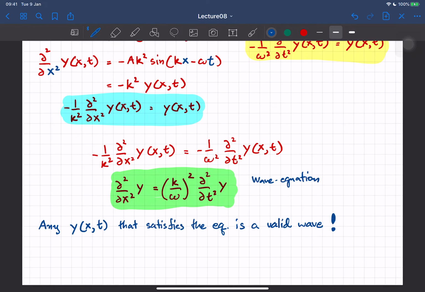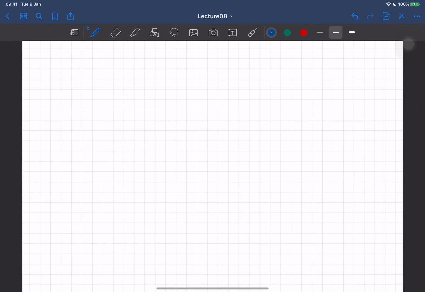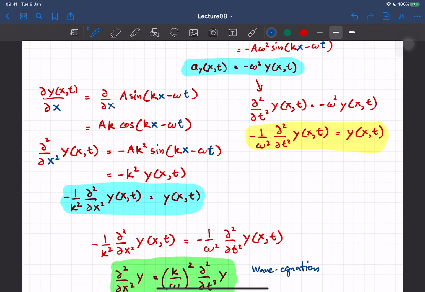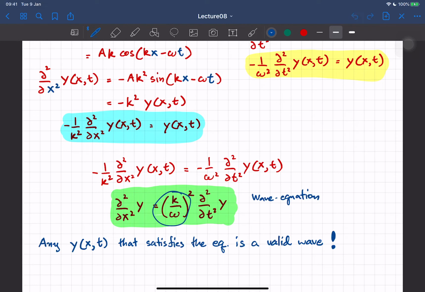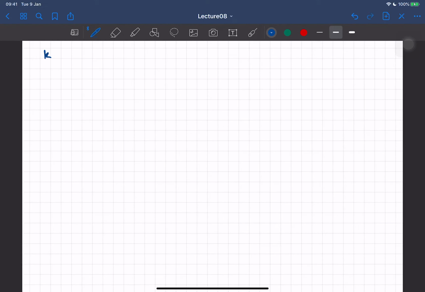And we can do a little bit more, dissecting this, because it's not quite familiar to you, especially this term, k over omega. So let's take a look at k over omega a little bit. What is k? If you remember, k is something to do with the wavelength, which we call the wave number.